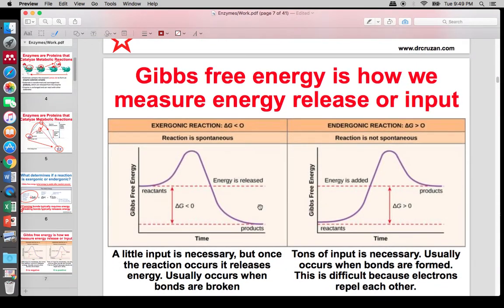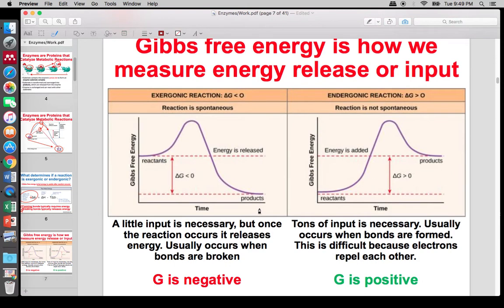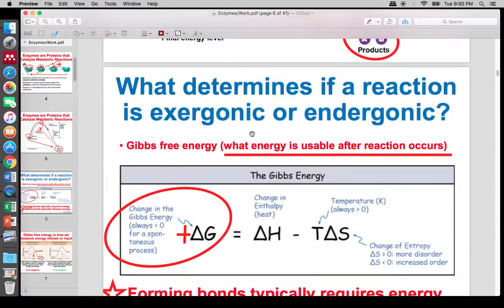So we kind of talked about this already. If you have a reactant, like we saw in that first section, and it's going to go to more products and you're going to break some bonds, you're going to go down in Gibbs energy, and that energy is going to be released. So we introduced this word up here: when energy is released, that's exergonic.